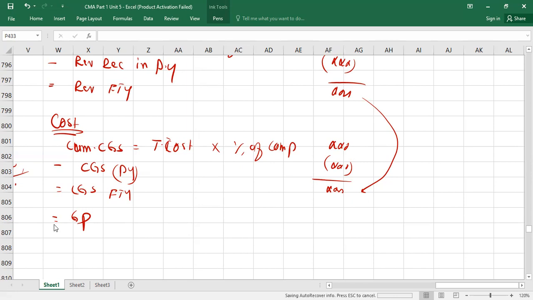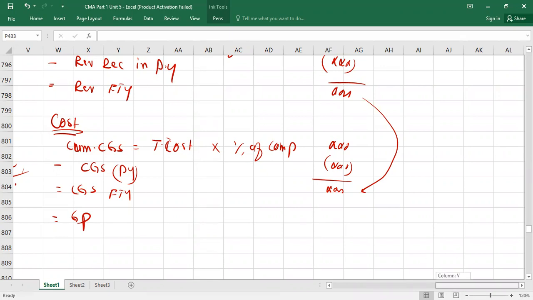No. Output method is just that we are calculating percentage of completion based on output, not based on input. Otherwise, the process is the same. That is why input method and output method both are called what? Percentage of completion method. Because you are measuring the progress towards completion based on input or output. Clear? The rest has not changed.